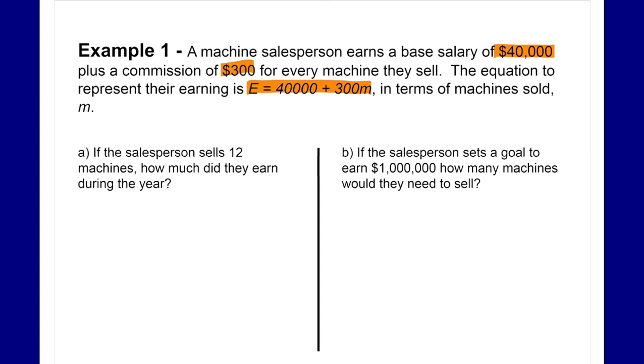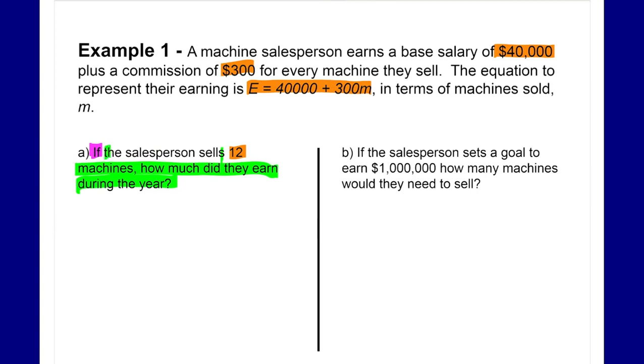We do want to know the question. The question right now for A is, if the salesperson sells 12 machines, how much did they earn during the year? So we have another number to highlight. I'm going to go back and highlight 12, because we have 12 machines. We have an if, right? So that's standing out to us.